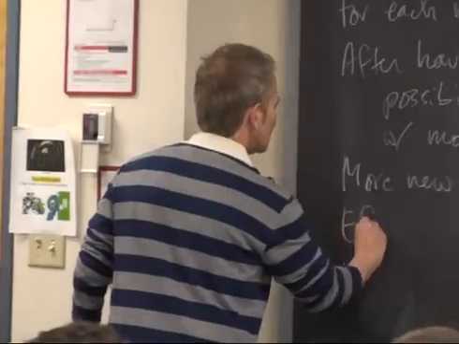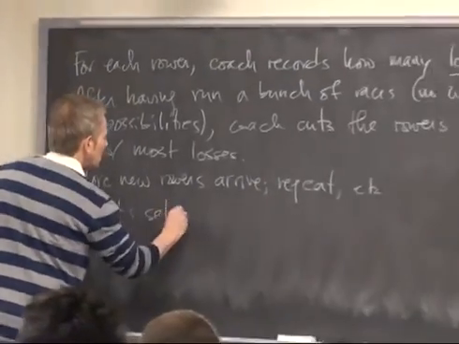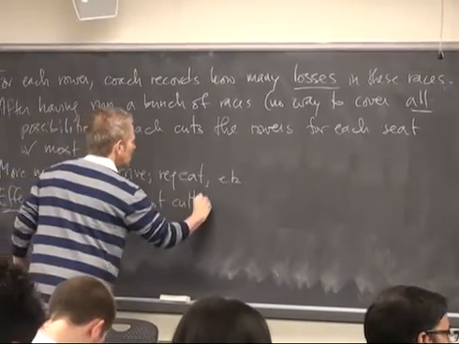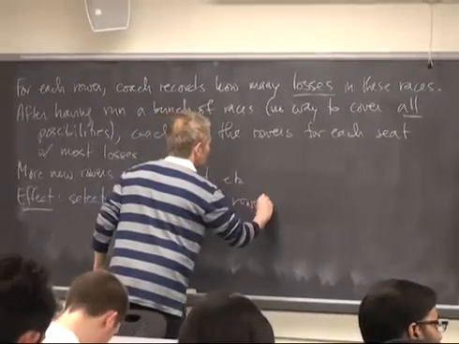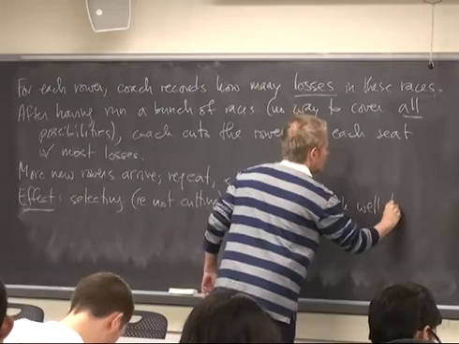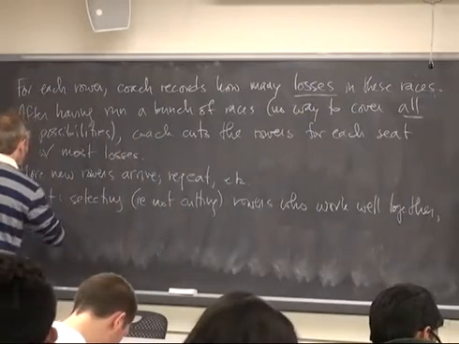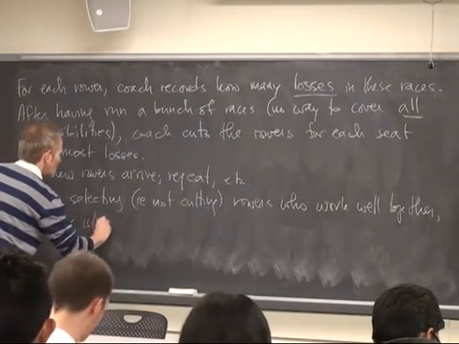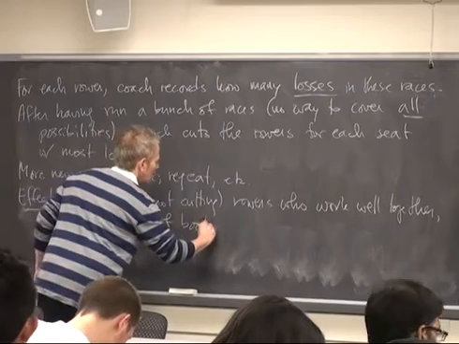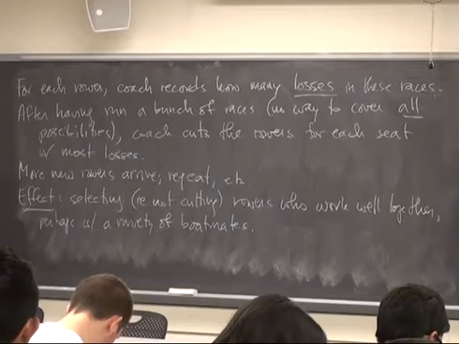So the effect is that you're selecting, that is to say, not cutting from the team, rowers who work well together, and even perhaps with a variety of boatmates. And that's kind of how selection actually works.